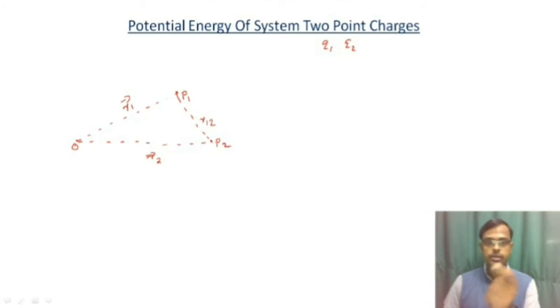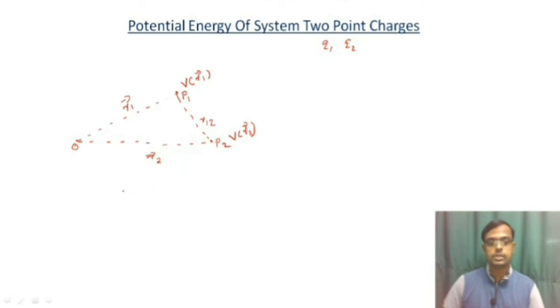Now you are bringing Q1 from infinity to the point P1. At P1, what is the potential? V of R1 vector. Already a potential is present, right? And what is the potential at P2? We can note it down, V of R2 vector. Now how much work has to be done to bring Q1 from infinity to the point P1?